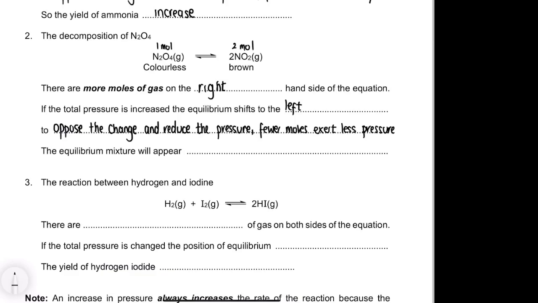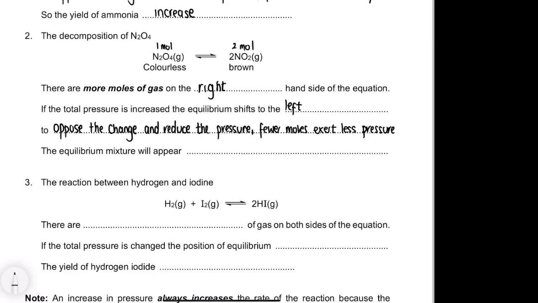Now in this example, we're not being asked about yield, we're asking about what will it look like now. So remember, it was in equilibrium. There was a mixture of both reactants and products, and we've shifted left. Now a common mistake in an exam would be to say that this would go colourless. Now remember, we're still in equilibrium, so we still have everything present. It would fade.